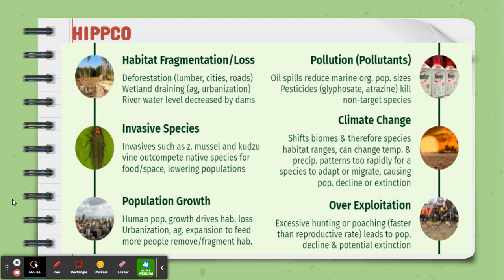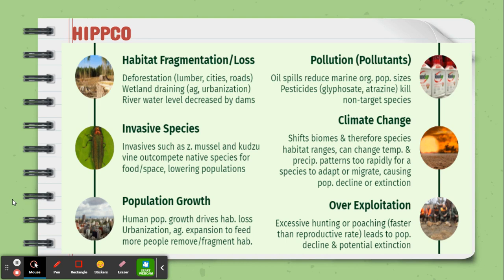And then looking at pollution, right, pollutants, this could be really any type of pollutant that we've talked about. Things like pesticides, atrazine, DDT, right, we know they can all kill certain species, accumulate in their tissues. Oil spills have the potential to reduce the population sizes of marine organisms for years even after the oil spill itself.